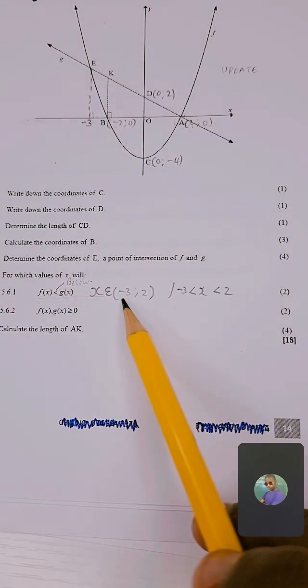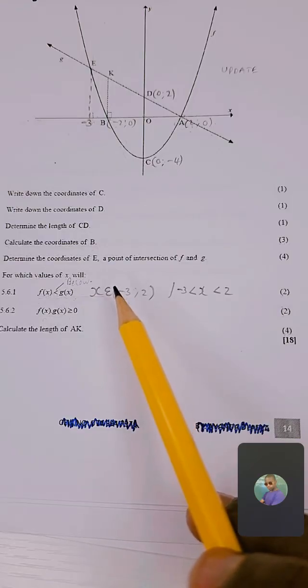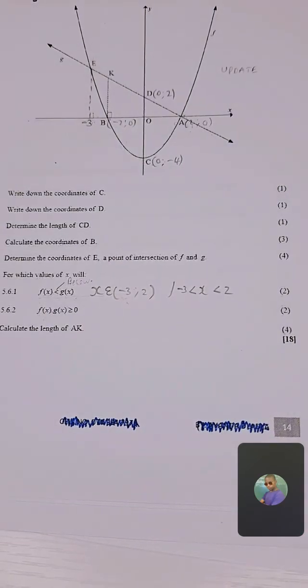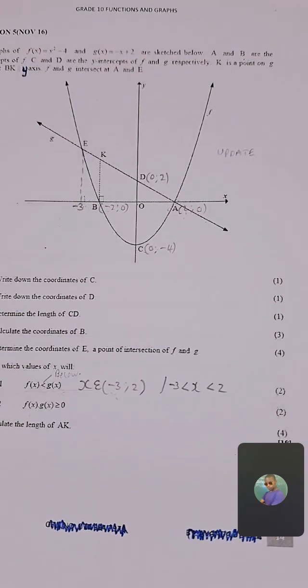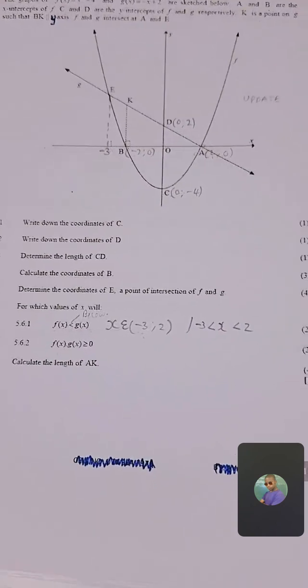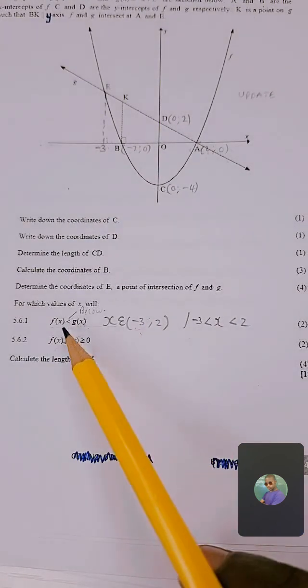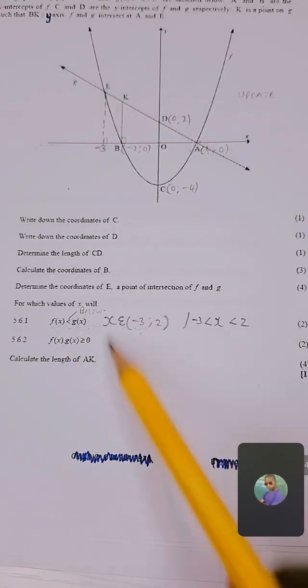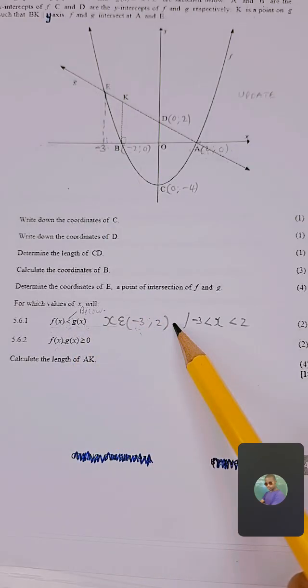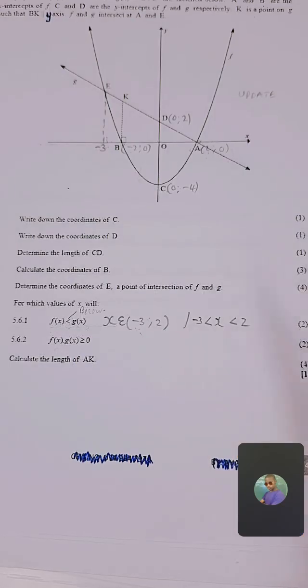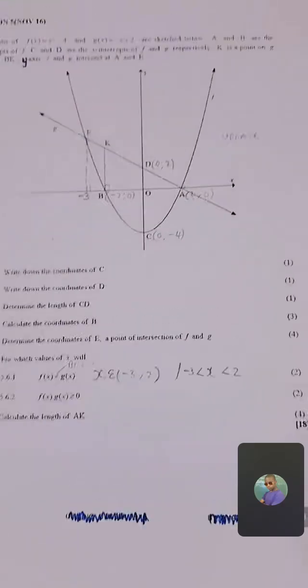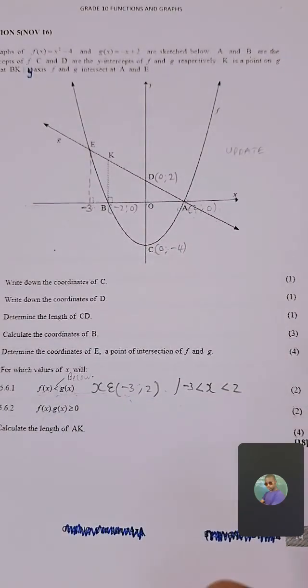You say the brackets must be square brackets, the bigger bracket, because we can see the graph exactly from -3 up to 2. So for this particular one, you are saying I should put square brackets instead of open. I don't know if I'm wrong.